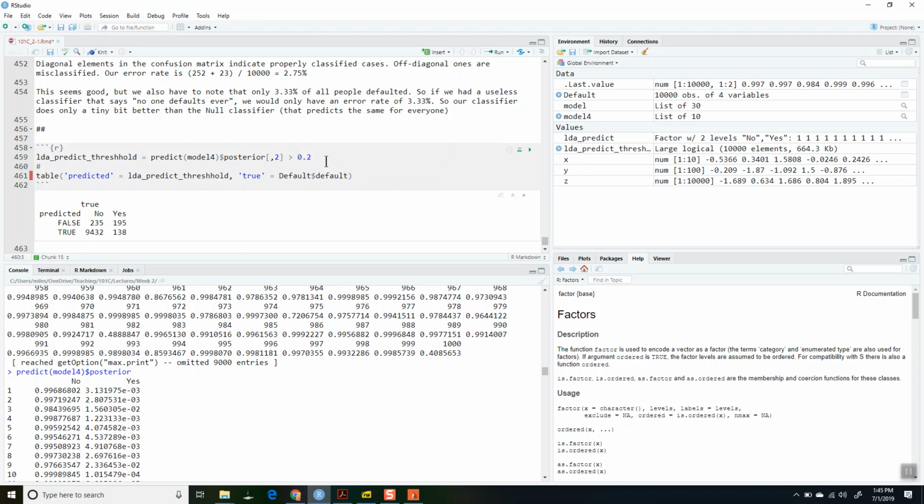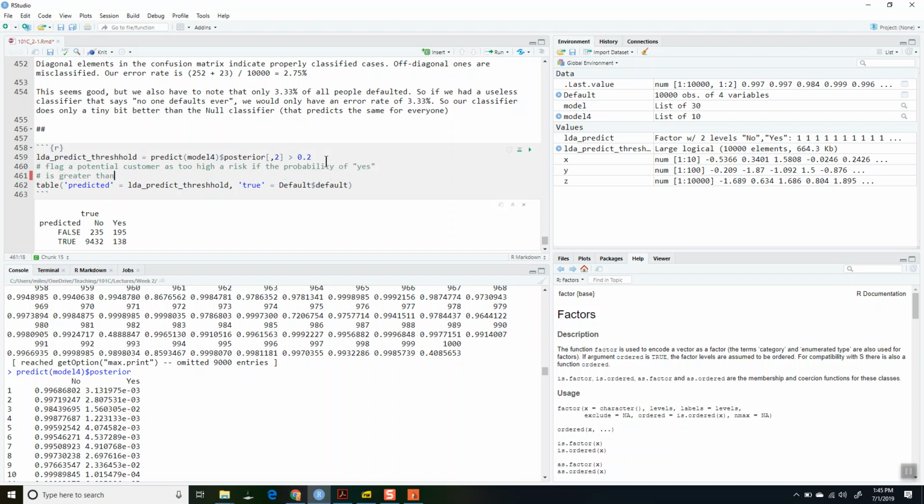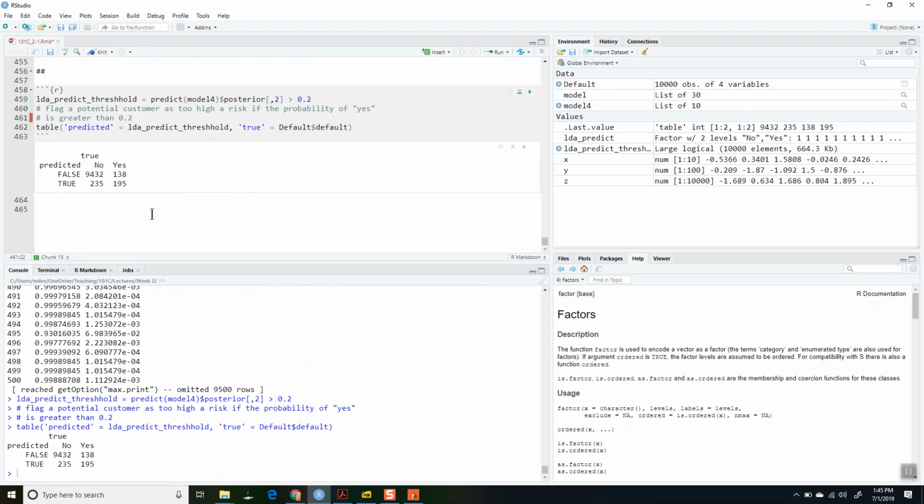So right now it was at 50%, and so we can say, flag a potential customer as too high a risk if the probability of yes is greater than 0.2. Okay, so we'll go ahead and do it this way.